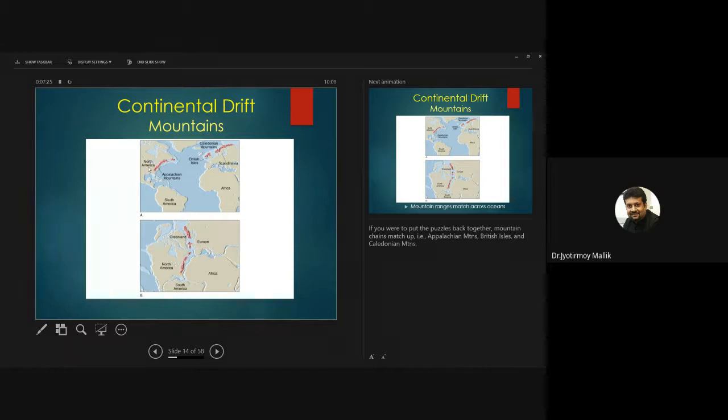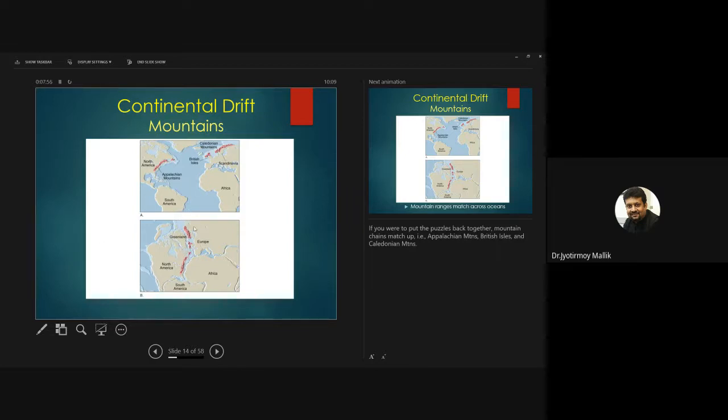And there are many mountain ranges which are pre-drift for that particular continent. You do see such linear arrangement across continents. So that also provides you an idea that perhaps these continents were together and the mountains actually formed, and later these continents moved away from each other, right?